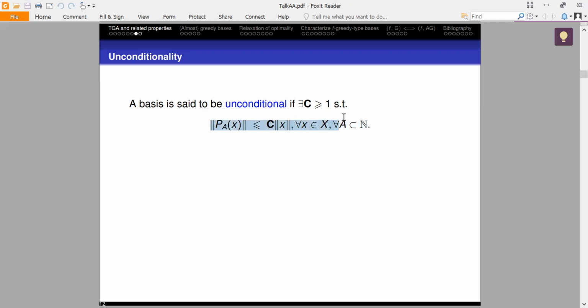So this property says that you project onto any set A, and the projection is bounded by the original vector. Now, you already see that this property is stronger than quasi-greedy, right? Because for quasi-greedy, you only have the boundedness when you project onto greedy sets, but now you can project onto anything and it's still bounded. So that's why we say unconditional implies quasi-greedy.